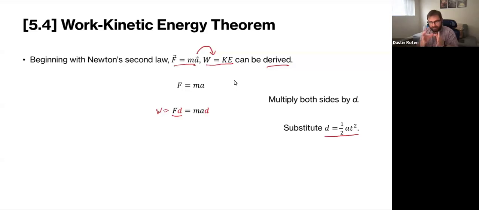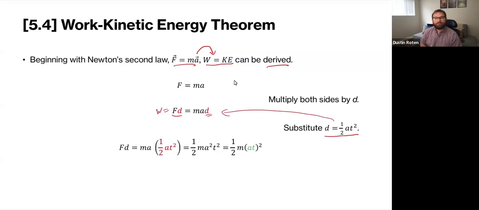Well, we have a different way to write distance now, 1/2 at squared, and we have a distance right here. So let's actually make this substitution. Okay. So you'll see everything here just wound up right here. Right? This is just d. We just made that substitution, no big deal.